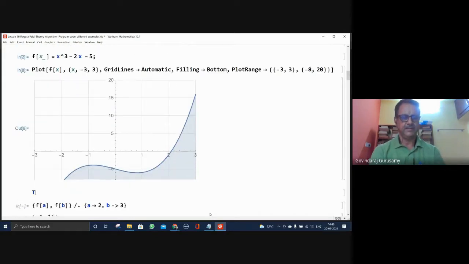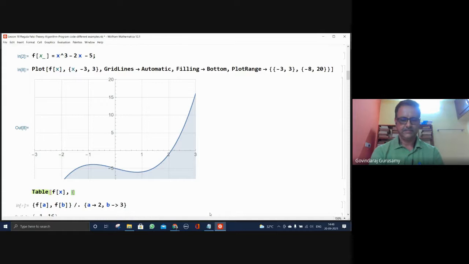Let me make a table of f of x, the range you want to have. Let me take x ranging from minus 3 to plus 3, in steps of 1, avoiding the other fractions. I'm making a table so that you know what is x-axis.